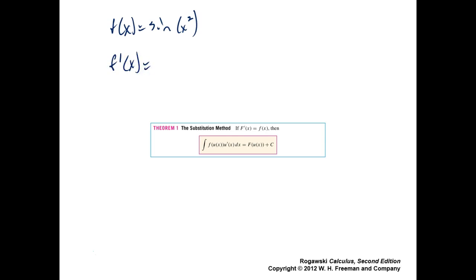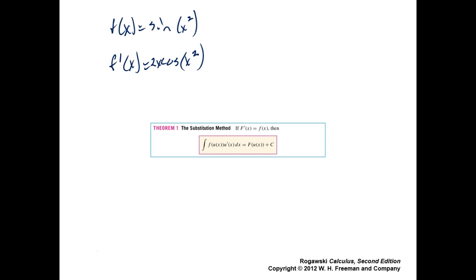First, the derivative of the outer function, which is cosine of x squared, times the derivative of the inner function, which is 2x. There's the derivative f prime. That's the chain rule. Take the derivative of the outer function, then multiply it times the derivative of the inner function. And you can do that for as many nested functions as you want to. You just have to keep up with them.